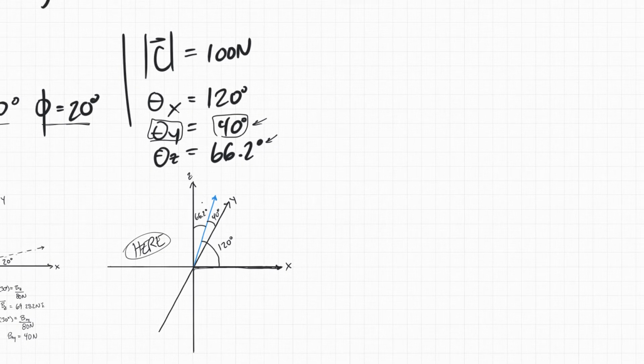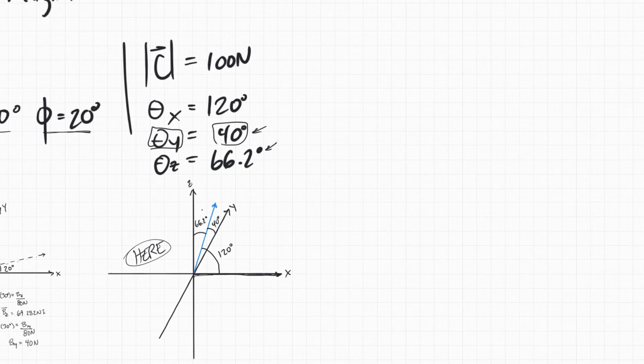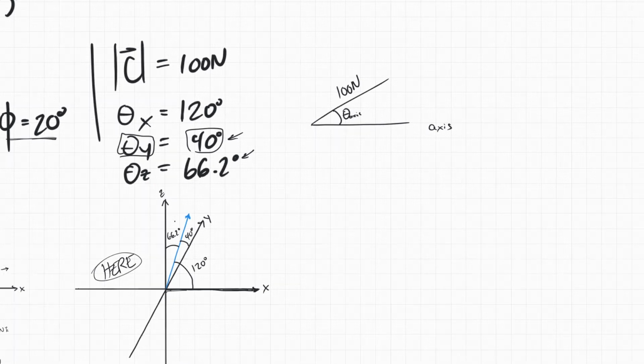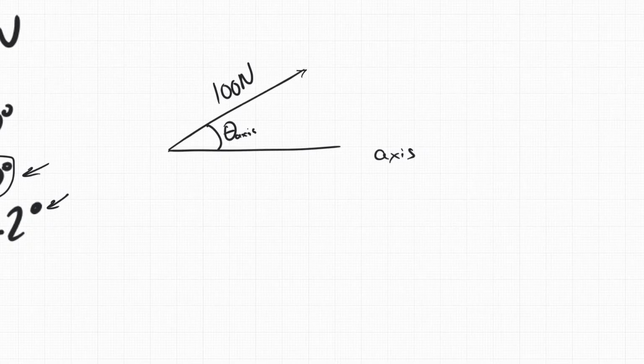So this is actually the easiest one to solve, because for each one of these, basically what you're saying is, here's my axis, and here's my 100 newtons, and then here's theta axis. It could be x, y, or z. And what we're doing here is we're just going to drop this line right down there. So the formula for this becomes almost childish.